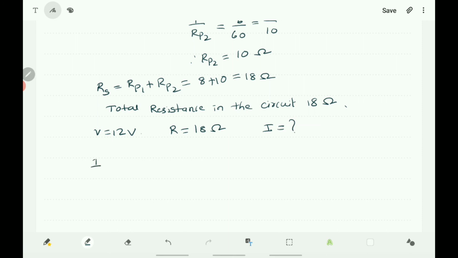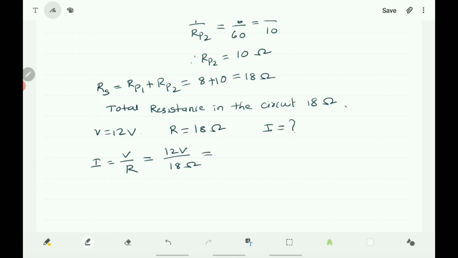According to Ohm's law, I is equal to V by R, that is equal to 12 volts by 18 ohms.